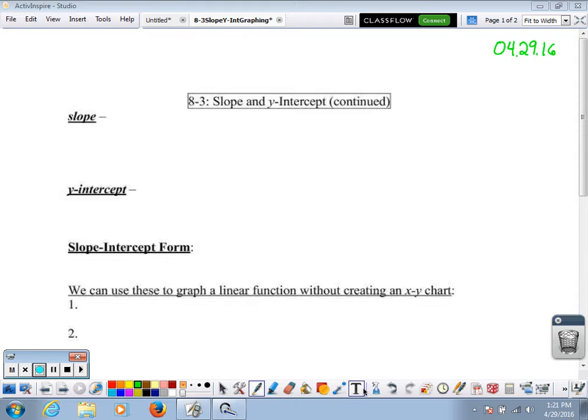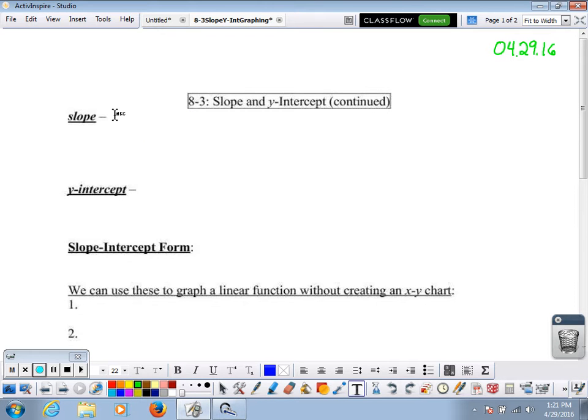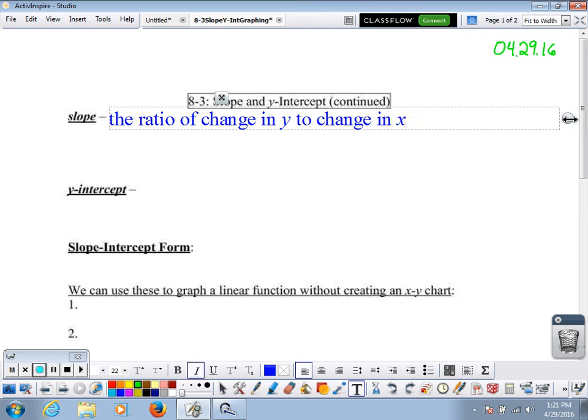So first off, let's talk about a couple of those things that we had last time. Let's start with slope. What did we say slope was? Jordan? The ratio of change in y to change in x. Very good. Now I gave you guys a little device to remember what slope was.